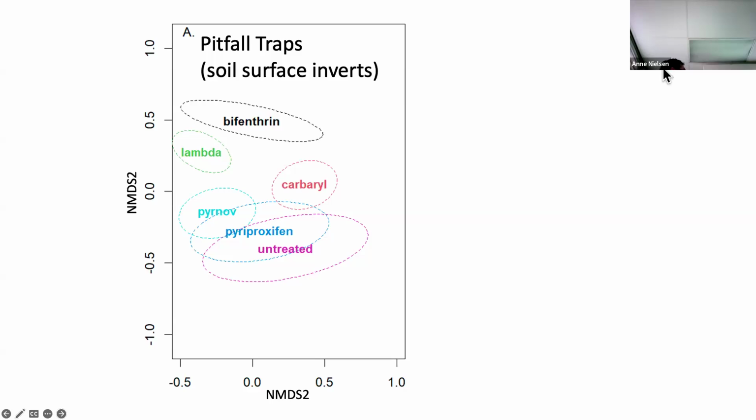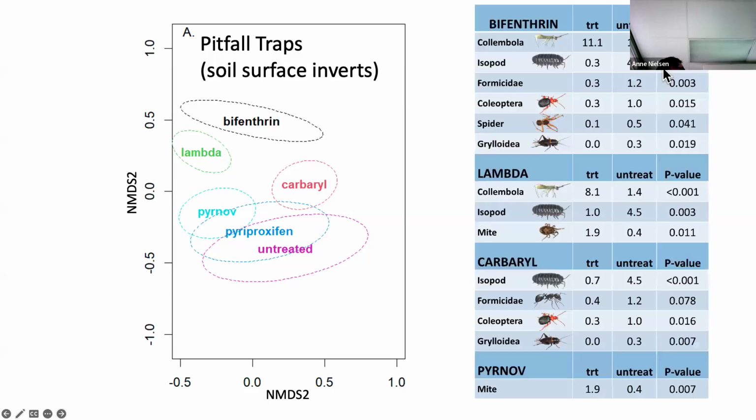Pyriproxyfen, Pernoff, and carbaryl were similar to the untreated area, so we collected the same type of arthropods. Lambda-cyhalothrin and bifenthrin, which actually had an effect on ticks, also had a bigger effect on soil arthropods. Carbaryl also had a bigger effect than Pernoff and pyriproxyfen when compared to the untreated.